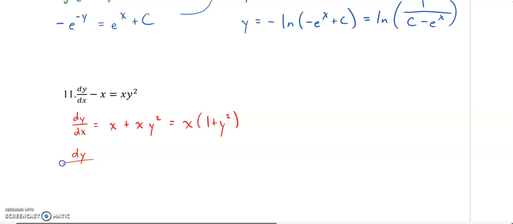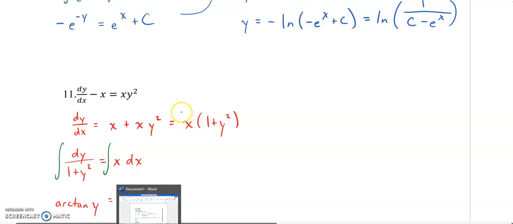We take the dy, we divide that by 1 plus y squared. We take the x, we multiply it by dx, and we integrate, which is always great, and we get the arctan of y equals 1/2 x squared plus c. And that's a general solution. Or we can solve for y.